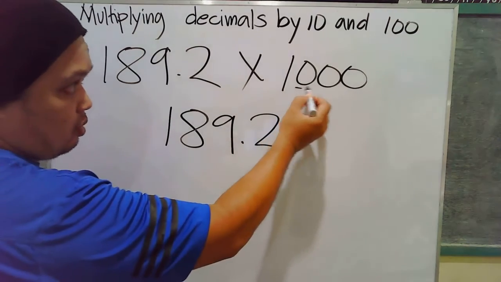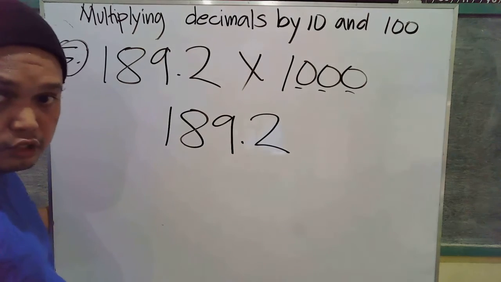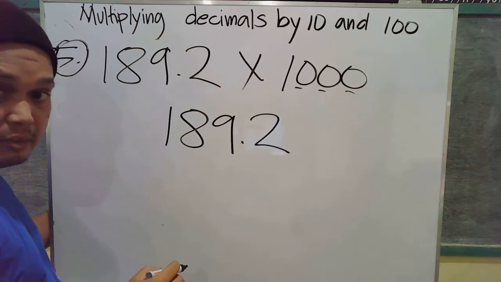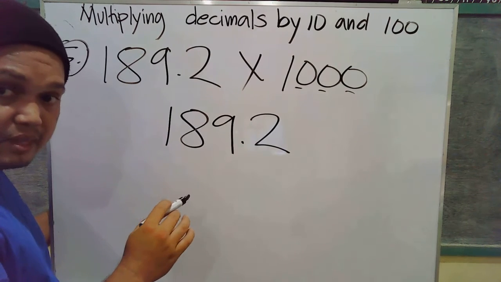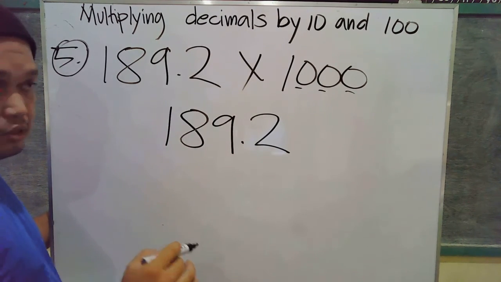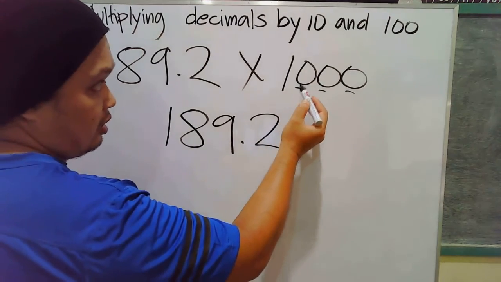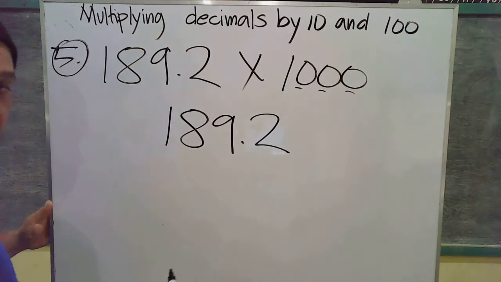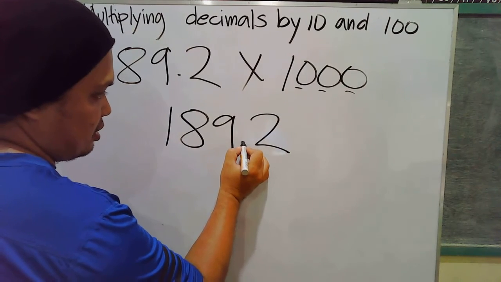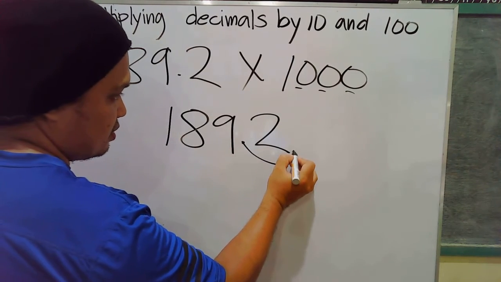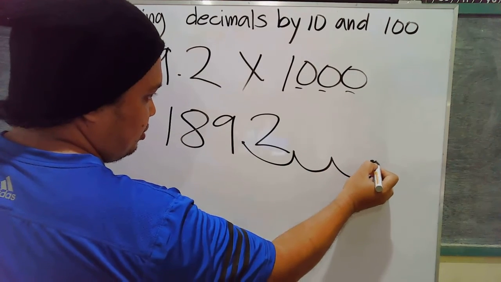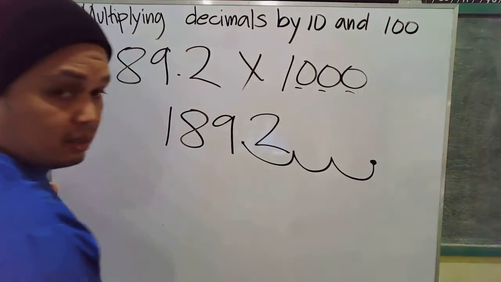And that's 1, 2, 3. Okay. So 1,000 has 3 zeros. Meaning to say, for our decimal point here, we're gonna take 3 steps also, because there are 3 zeros in 1,000. So let's count from here 3 steps. 1, 2, 3. And this will be our decimal point.